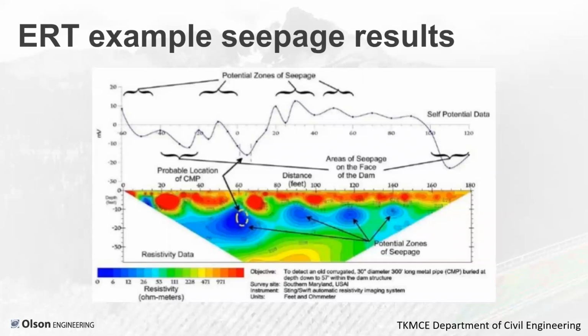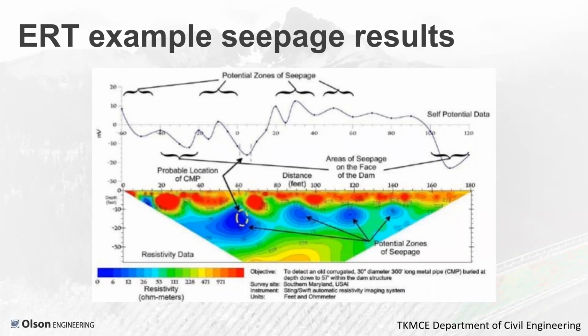So here's an example plotting both SP and resistivity. And the reason that we plot both of these is if you want to do a true quantitative analysis of SP data, it really requires knowing what the subsurface resistivity distribution is.